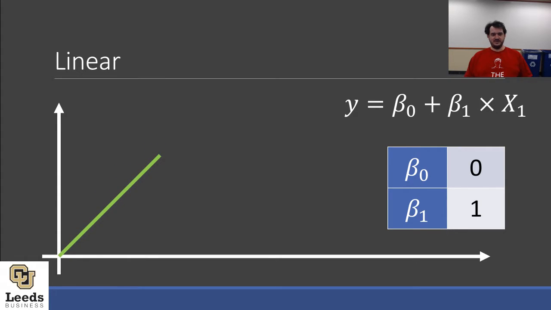Now, when we change our beta weight, we just get a steeper slope. So, instead of saying everybody gets more cakes, it's people who like chocolate more are going to buy that many more cakes for each extra level of chocolate liking they have.